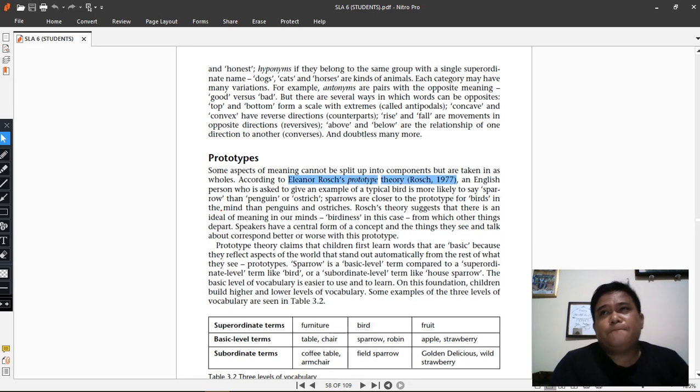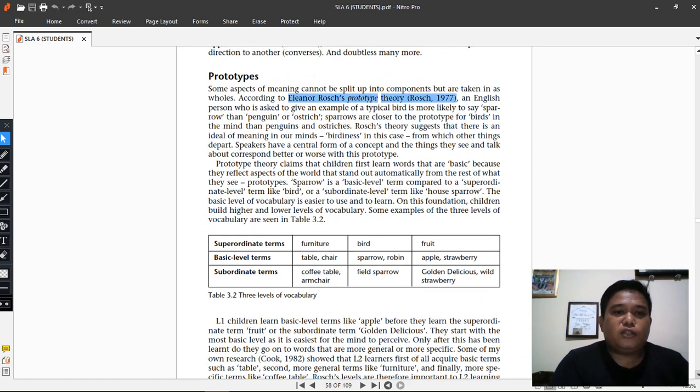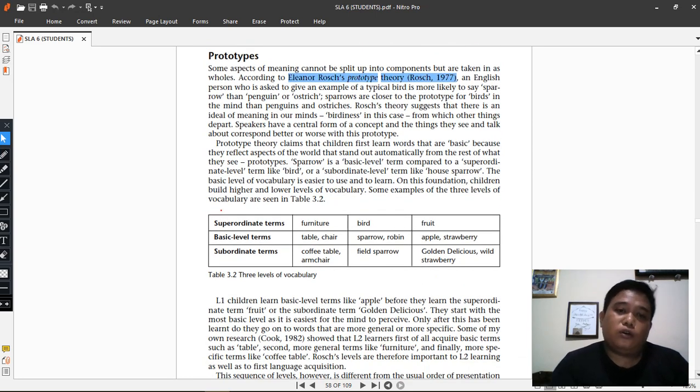You will find a book or a journal there. You can read that for more information, of course. But in short, it's like what I just said. You can just see Table 3.2, and you already get the basic knowledge of this prototypes thing.